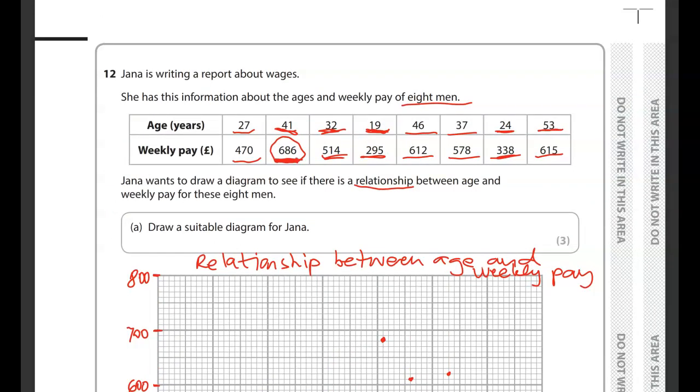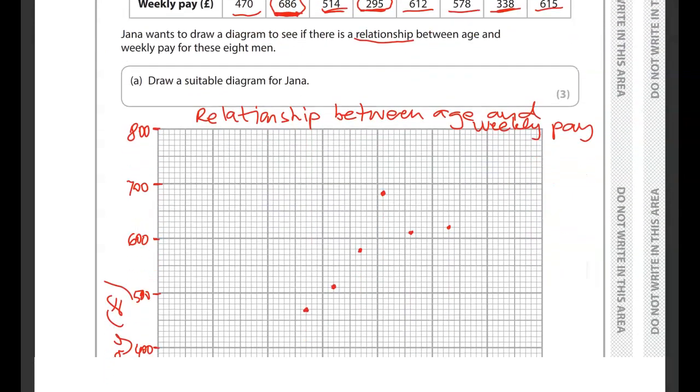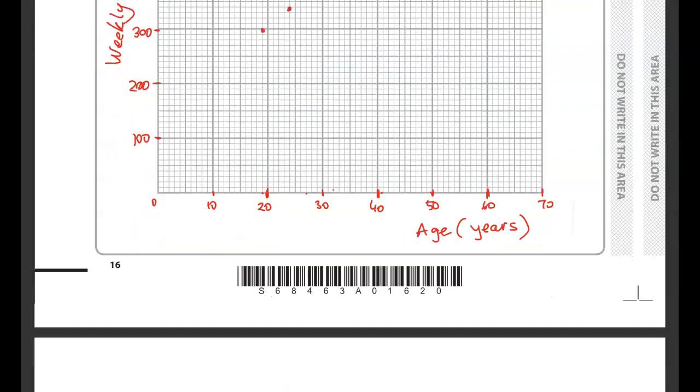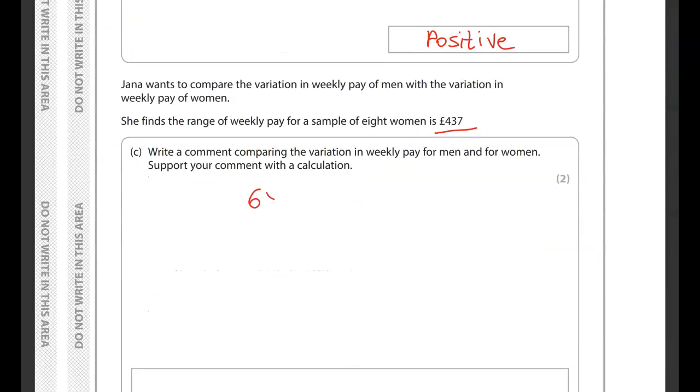The highest weekly pay was 686. The lowest is 295. So let's work out the range. 686 take away 295 gives us 391.